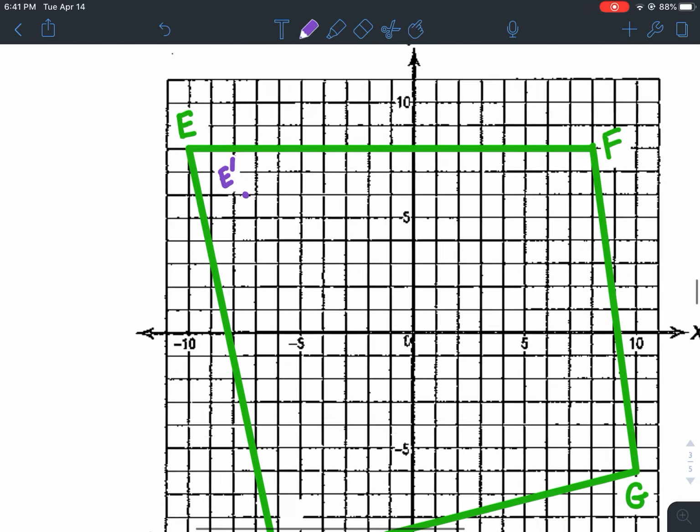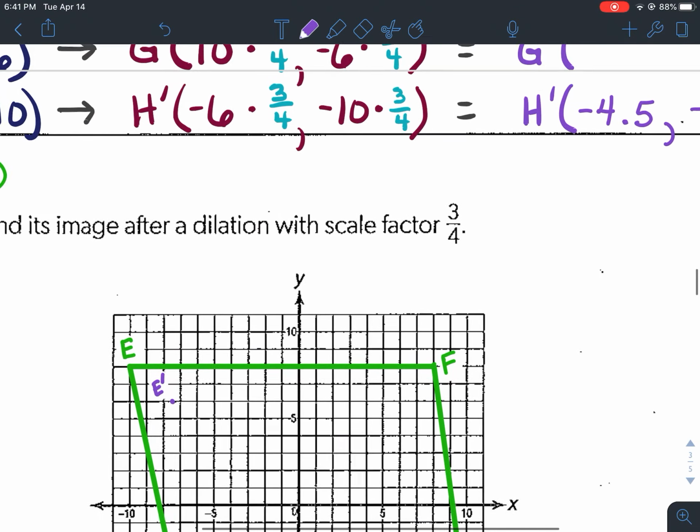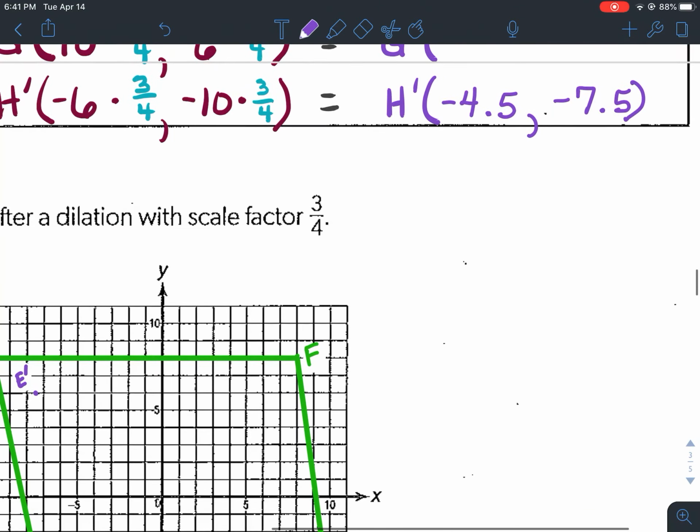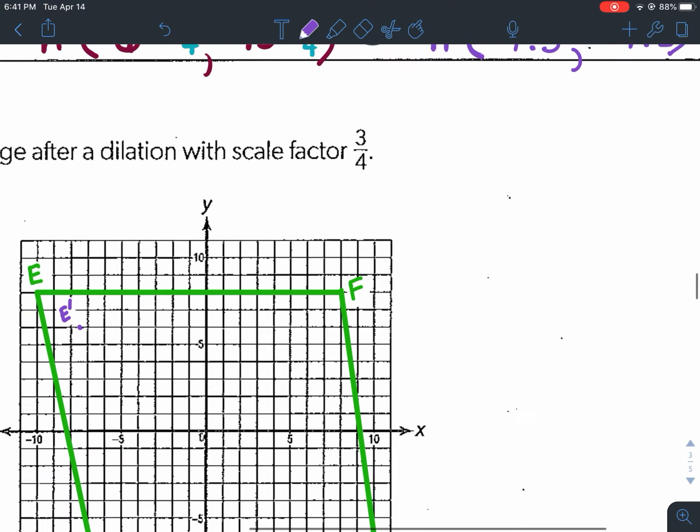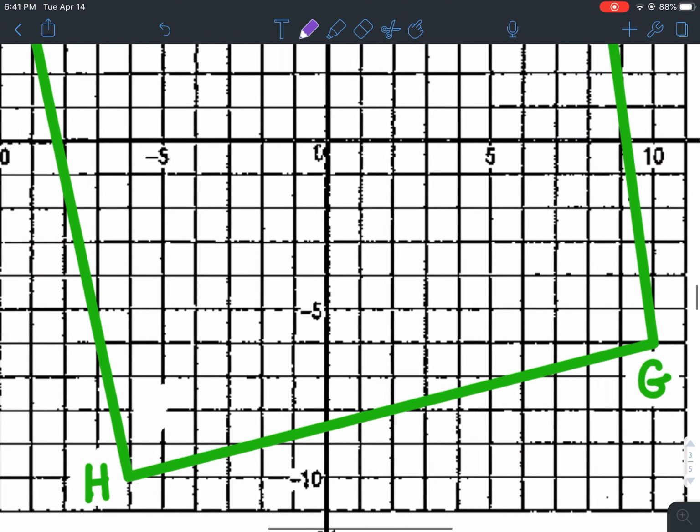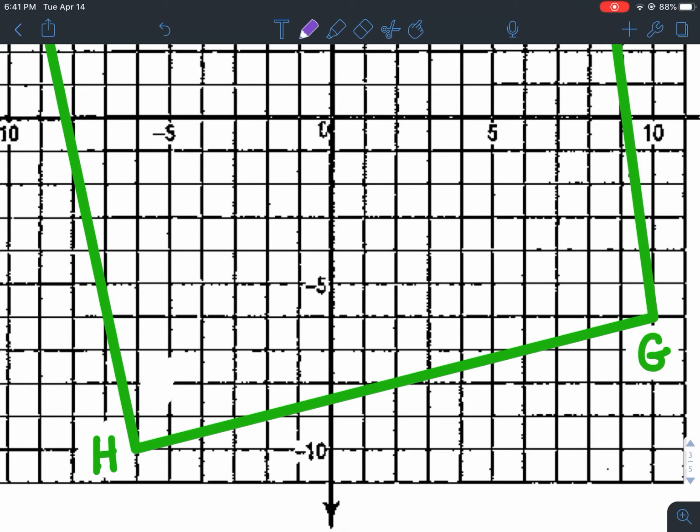H prime is at -4.5 and -7.5. Okay, so here would be -4. So this right here in the middle is your -4.5. And then this right here would be -7. So right here is -7.5 in the middle.